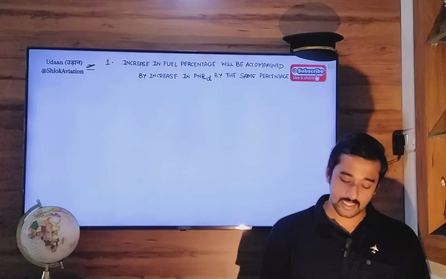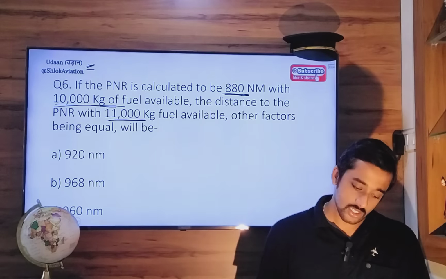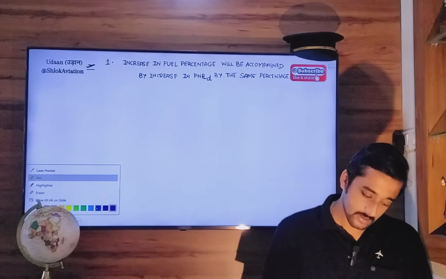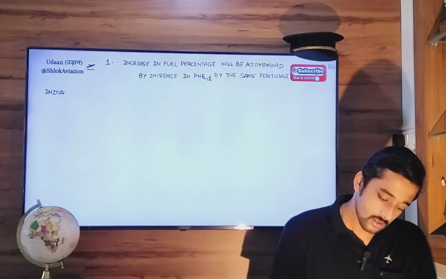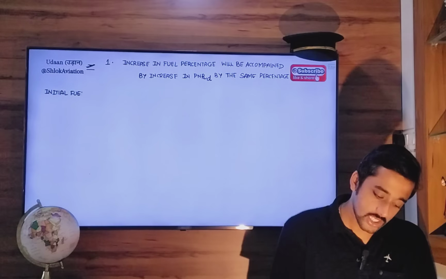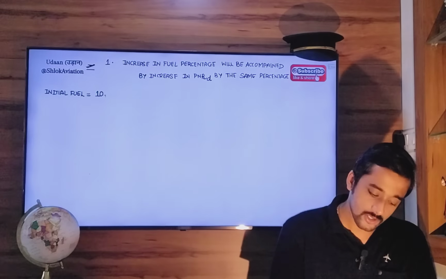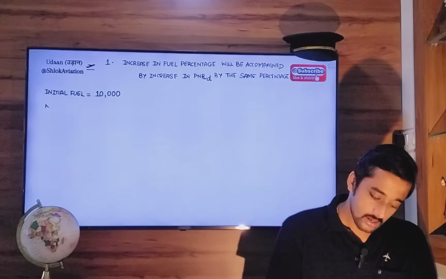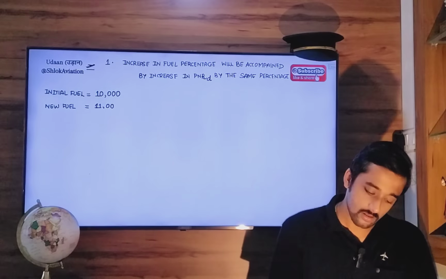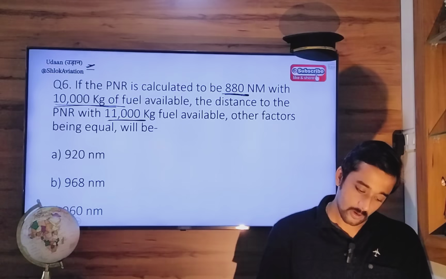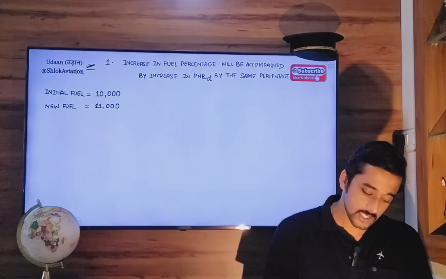So let's say in this example, your original fuel is 10,000 kg. Initial fuel is 10,000. New fuel is 11,000. So what is the percentage increase?